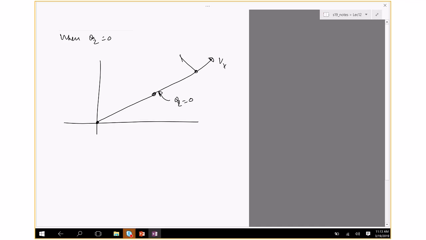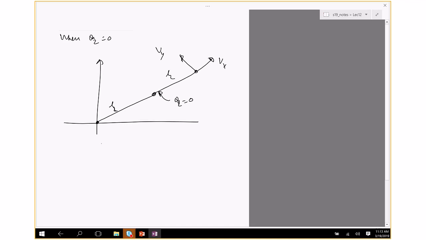Theta 2 equals 0. We have the manipulator like this, with L1, L2. So the manipulator is in the fully stretched position.